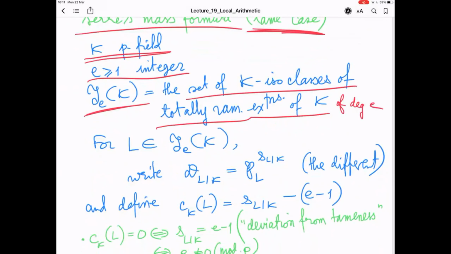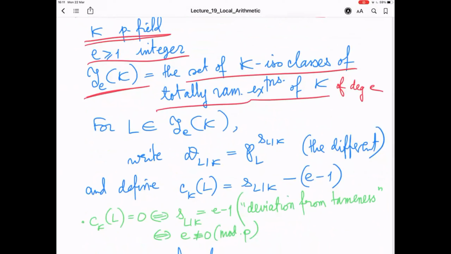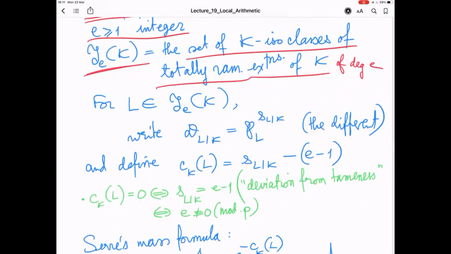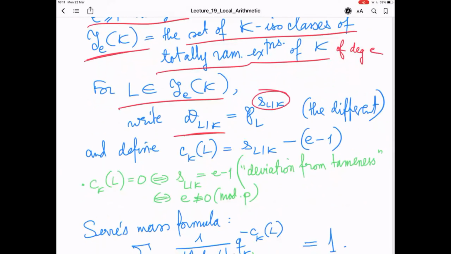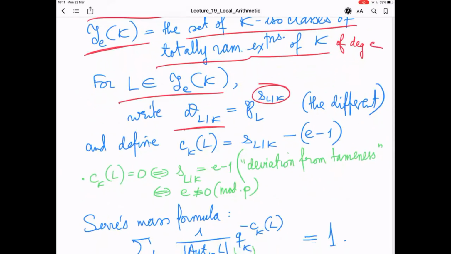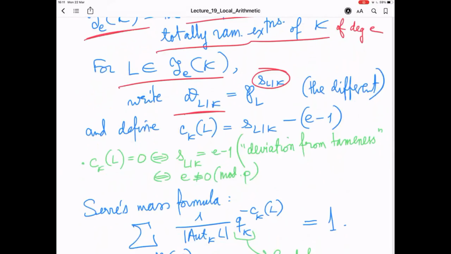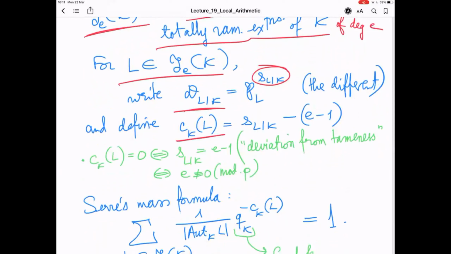And for each such extension, you have the different and you have the exponent of the different, and you define this constant c_K(L) to be this exponent of the different minus (e minus 1).